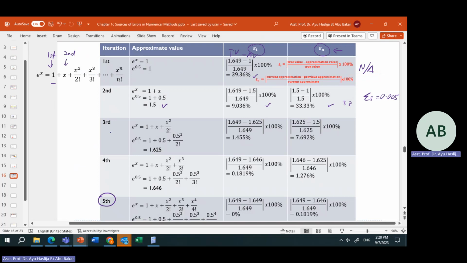Okay, so go for third iteration. Include the third term, X power 2 over 2 factorial. This exclamation mark means factorial. Are you familiar with this factorial? Familiar?